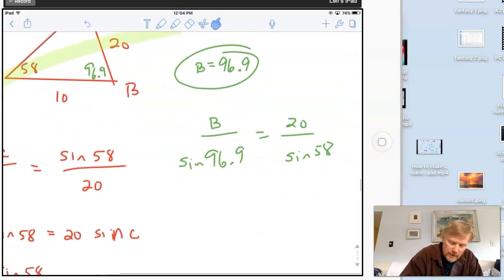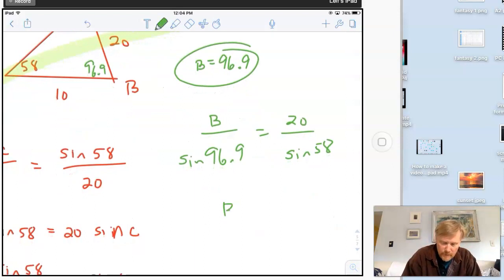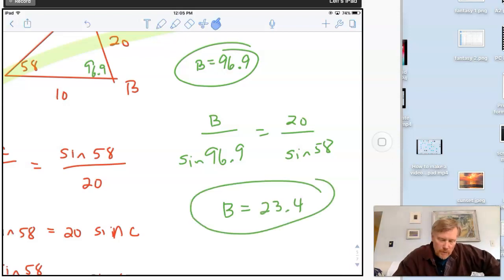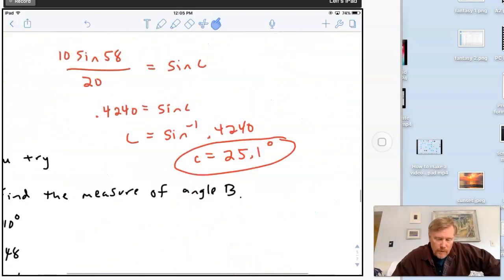Cross multiply and solve. If you do all that out, you should get b equals 3.4. And that's that. Okay.